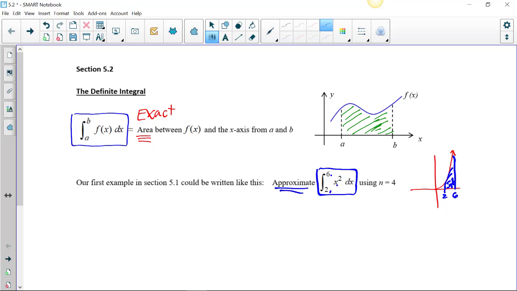But we approximated it in 5.1. If we want the exact area, we would evaluate that definite integral to get the exact area. So we won't be able to evaluate that definite integral yet, but we will down the road.